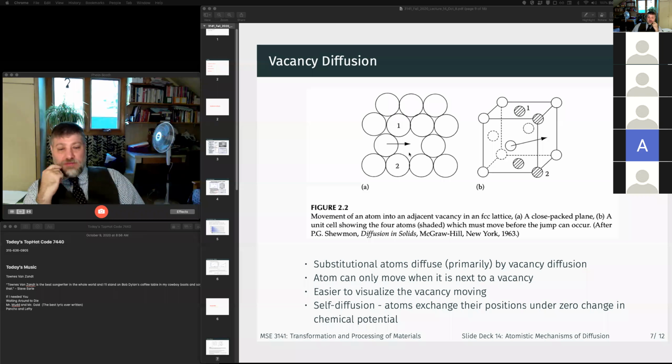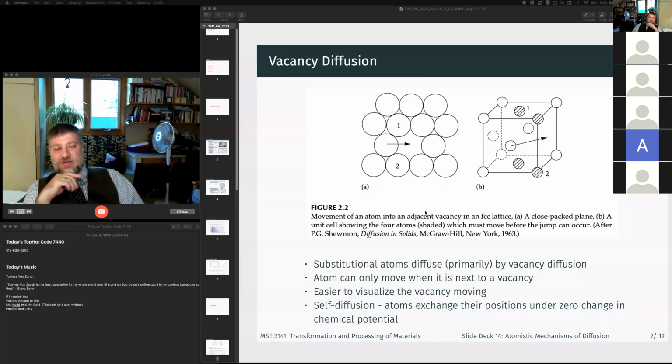So as a first approximation, we can say that the atom can really only move when it's next to a vacancy, which means that individual atoms are not going to move very much, but the vacancy can move all over the place.